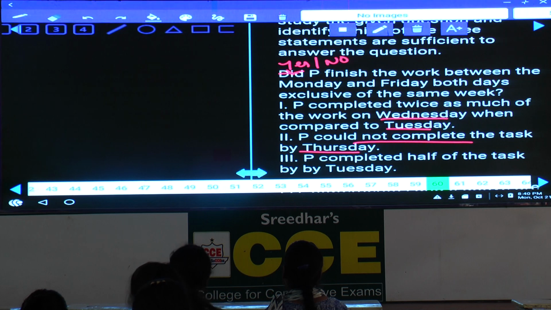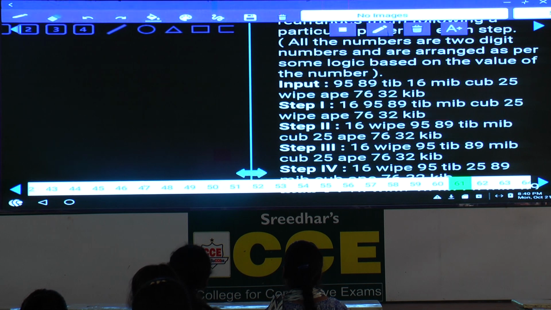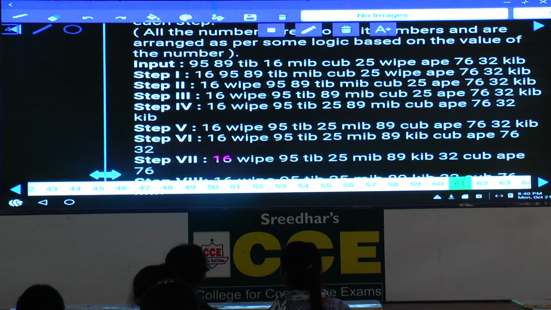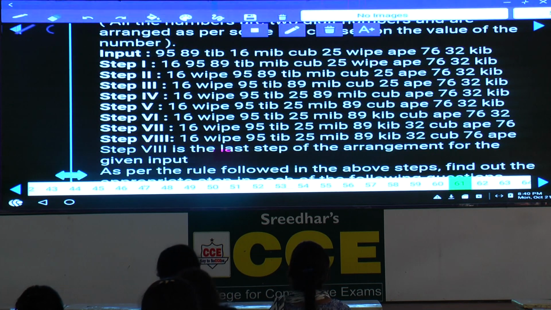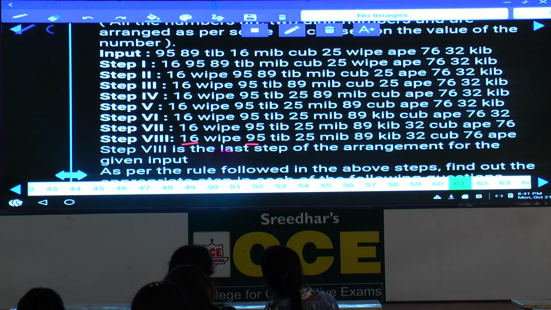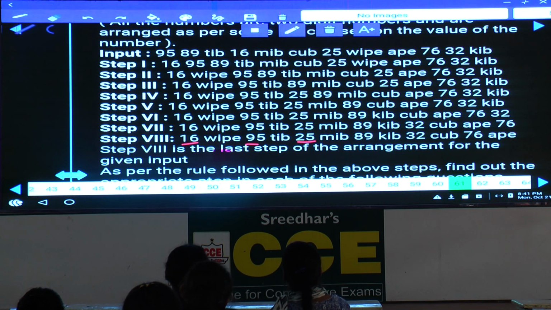As this is about 60, then 61 to 65. Now questions 61 to 65 are based on input and output. Tell me what are the elements given here? Now how many elements are there? 3, 4, 5, 6, 7, 8, 9, 10, 11, 12. And 8 steps were there, and in each step exactly one element is being arranged. If you observe the logic here: 16, 95, 25, 89, 32, 76. 16 is the least number, then the highest number, next the second least, and the second highest, and the third least, and the third highest.